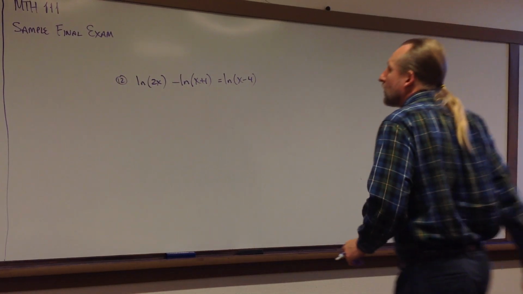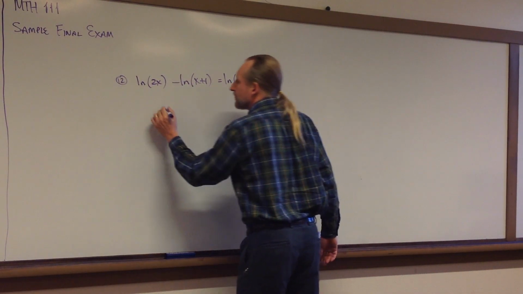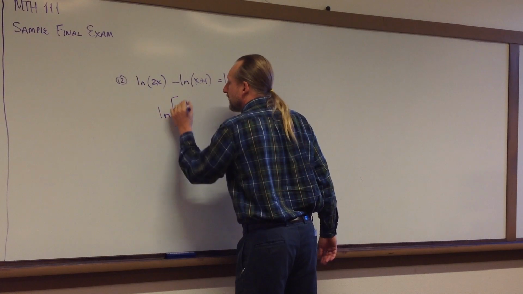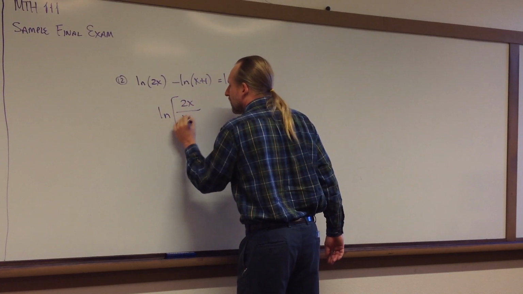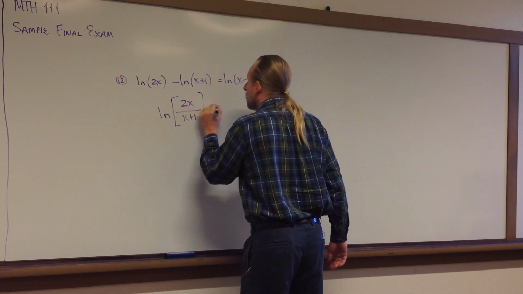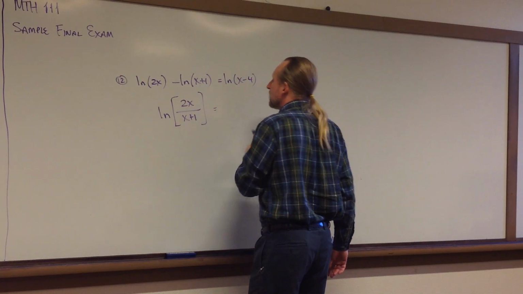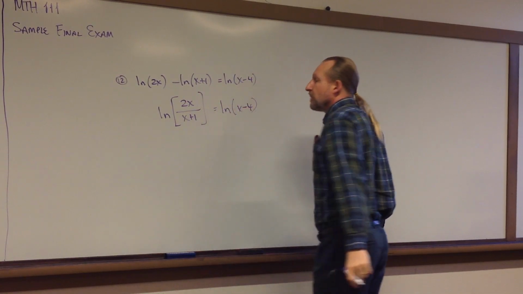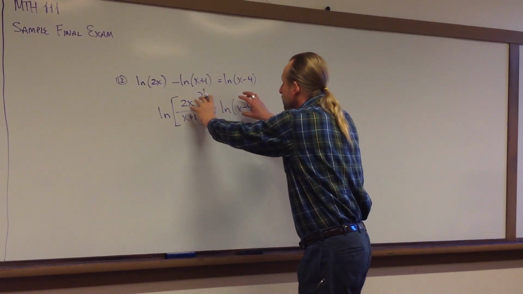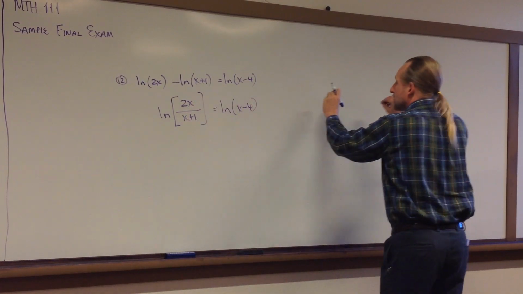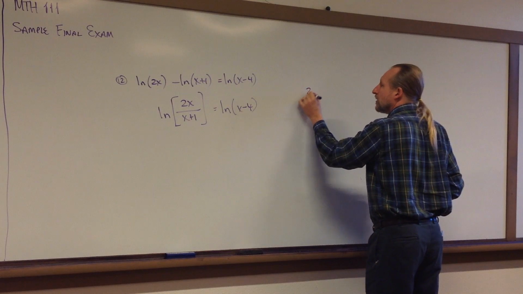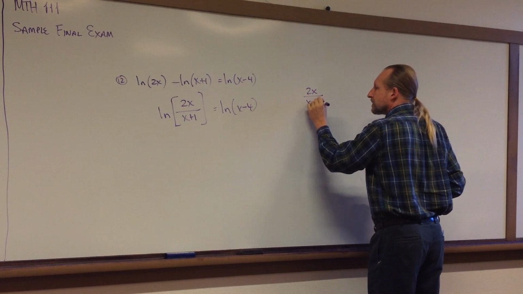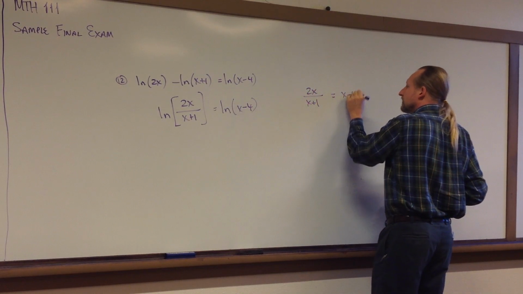Okay, so we'll use the property of logarithms to restate this as ln of 2x over x plus 1. The one with the negative in front of it goes on the bottom. And that's equal to ln of x minus 4. And now we can pick these out of here and set them equal to each other. 2x over x plus 1 equals x minus 4.